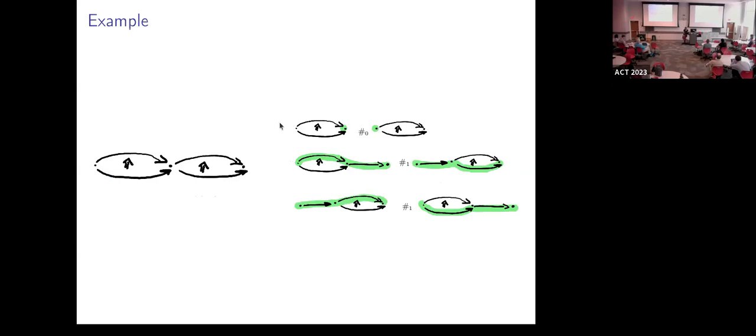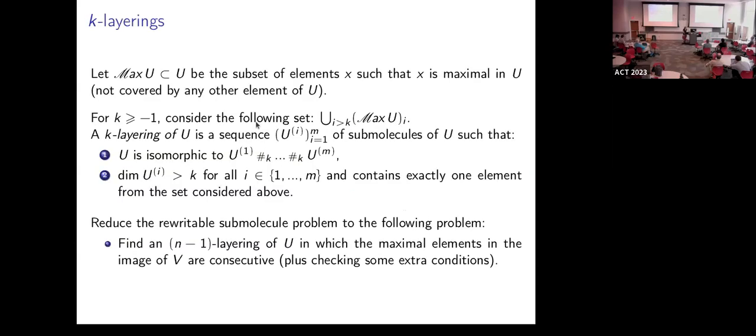And you can see that each submolecule in the layerings contains one maximal element, so one of these two cells. So now with this data, we can reduce the rewritable submolecule problem to the problem of finding an n-1 layering of U in which the maximal elements in the image of V are consecutive, plus checking some extra conditions.